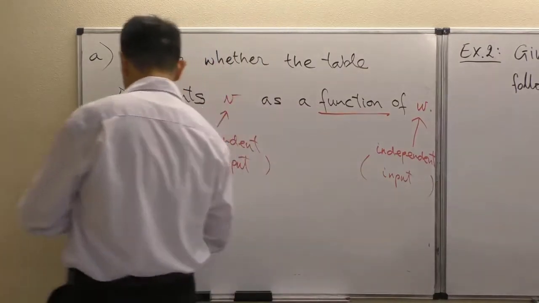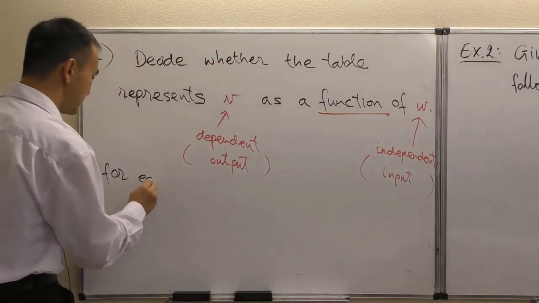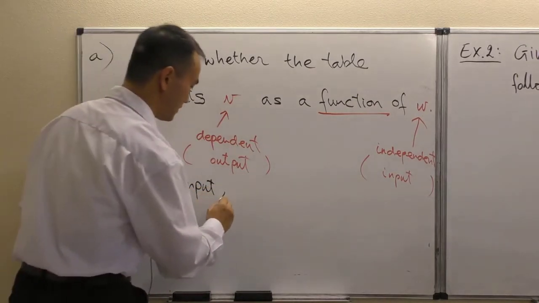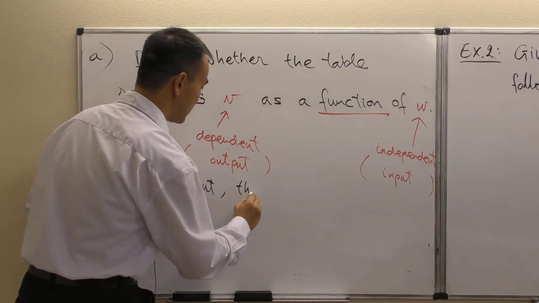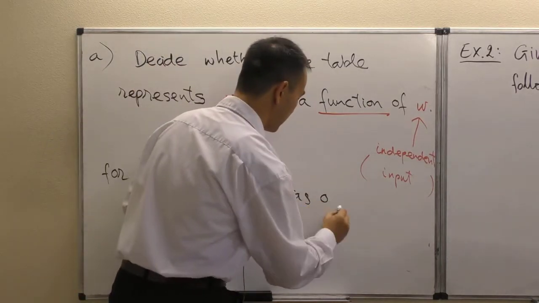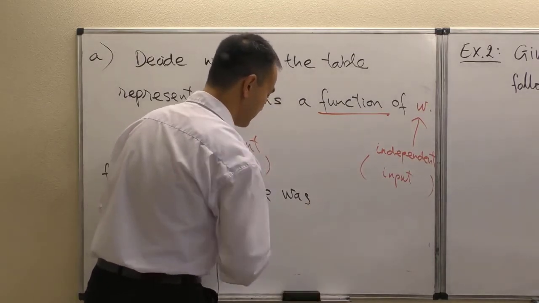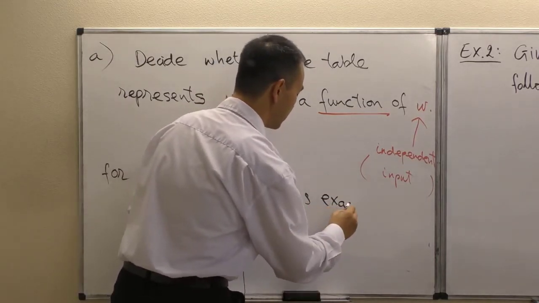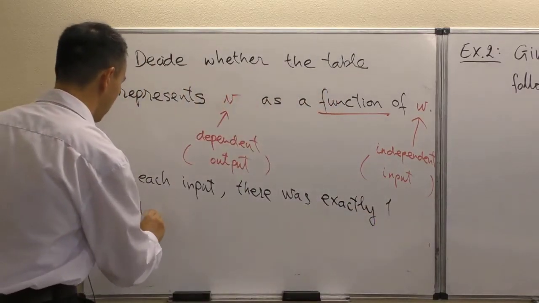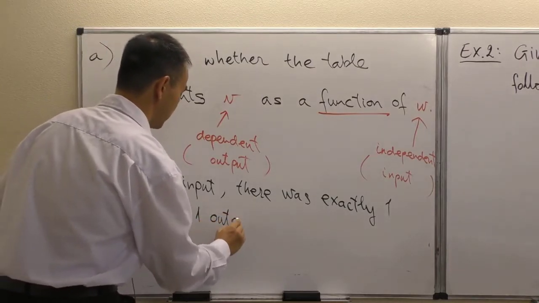According to the observation, I see that for each input, we noticed there was exactly one and only one output.